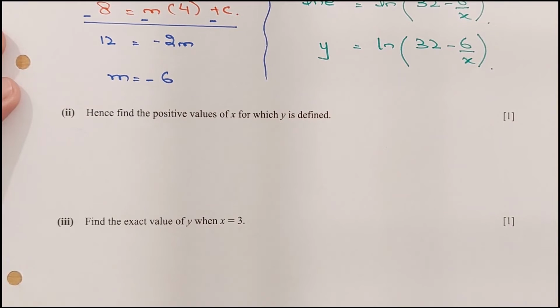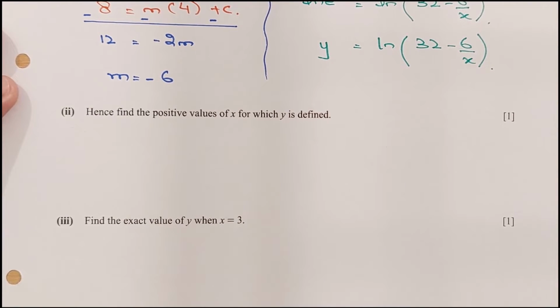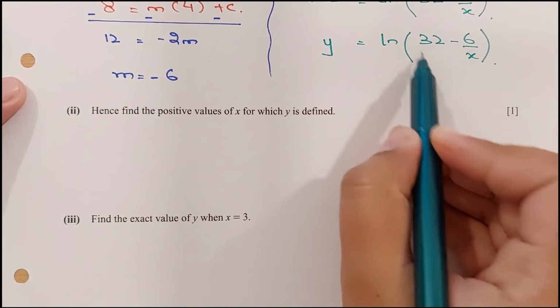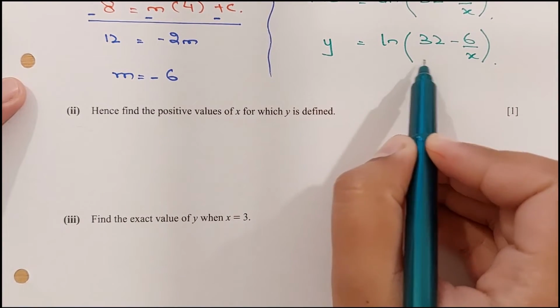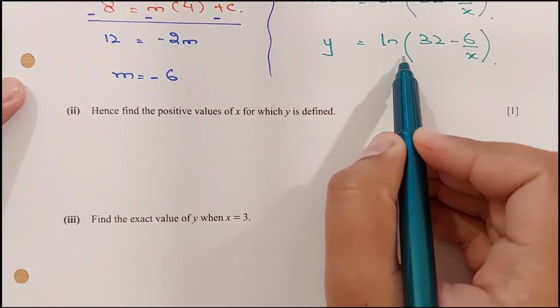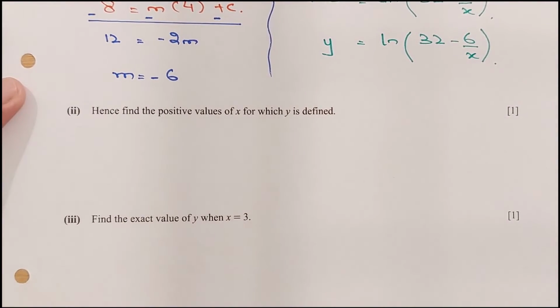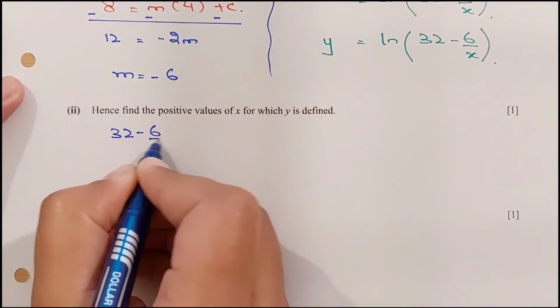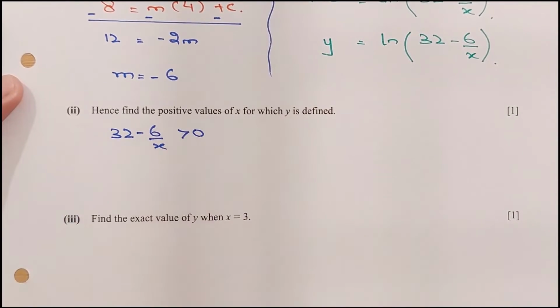Now for the second part, hence find the positive values of x for which y is defined. Okay, so y is defined when the argument of the log is positive, right? So we can say that y is defined when 32 minus 6 over x is greater than 0, right?